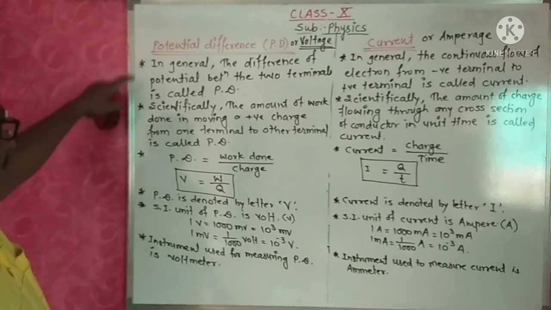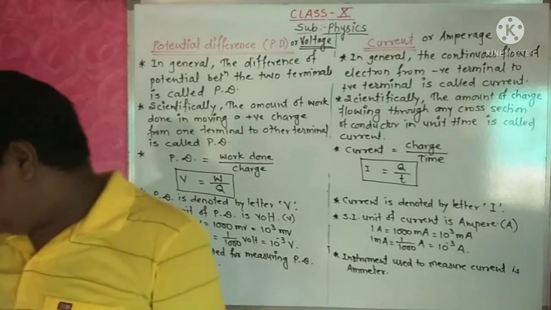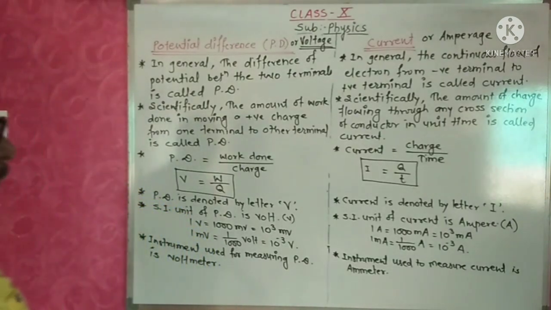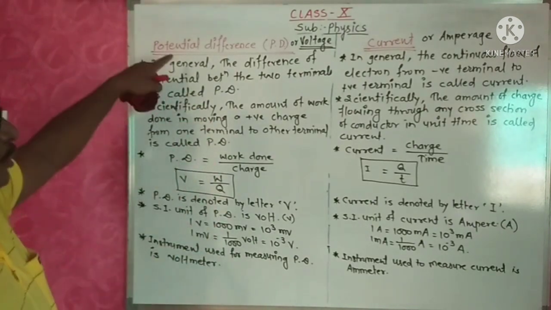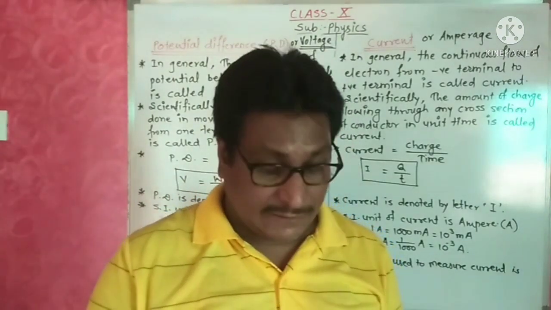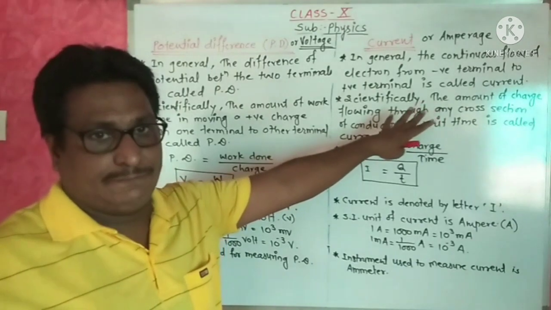How many points are there? 1, 2, 3, 4, 5, 6 points. For writing the difference between, how many points are necessary? 4 points. So I gave 6 points. So instead of explaining potential difference and current separately, I explained in the form of difference between.